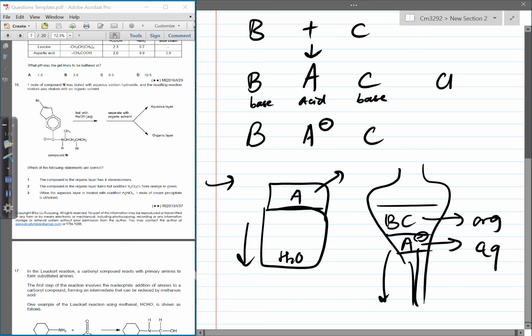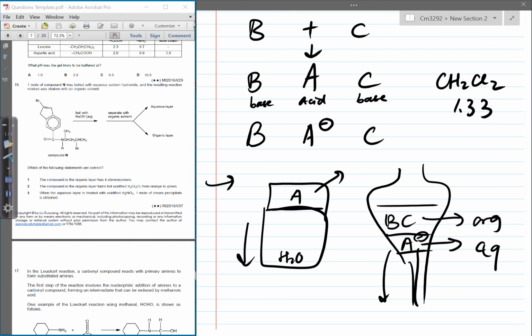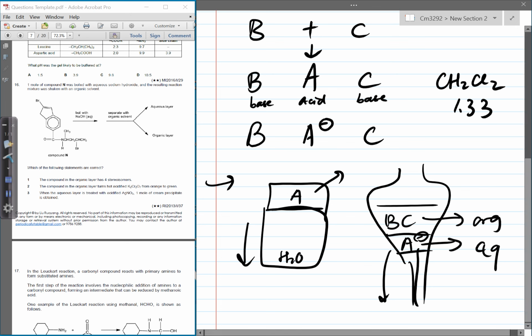For example, CH2Cl2, a common organic solvent called dichloromethane, is in fact denser than water. Its density is about 1.33, while water is 1, basically. So it depends. And of course, there have been questions which ask you to label the two layers as organic or aqueous, so please pay attention to the density.